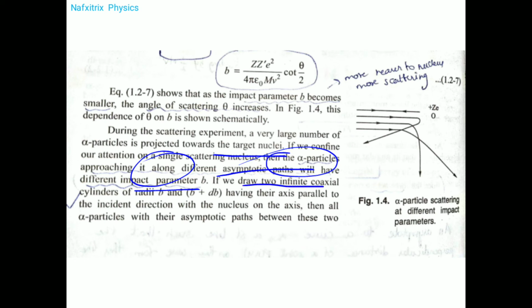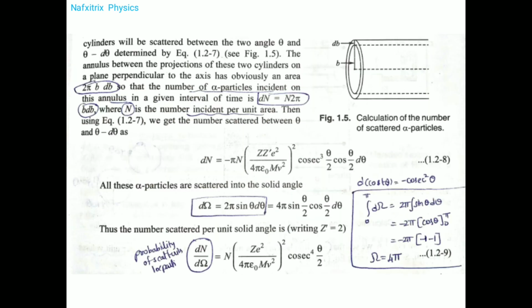So if we draw two infinite coaxial cylinders of radii b and b plus db, having their axis parallel to the incident direction, then all alpha particles with impact parameters between these two cylinders will be scattered between angle theta and theta minus theta dash. So we are just drawing cylinders. So this is a cylinder of radius b and this is a cylinder of radius b plus db. So all alpha particles falling within this impact parameter would be scattered in theta minus theta dash.